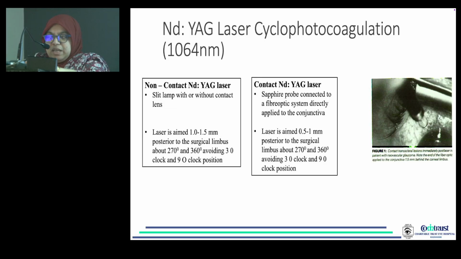In both, the superior and inferior 270 to 360 degree quadrants were treated, avoiding the 3 o'clock and 9 o'clock positions. Here in ND-YAG, it penetrates the sclera, but the melanin absorption was less. As a result, it caused a lot of collateral damage.